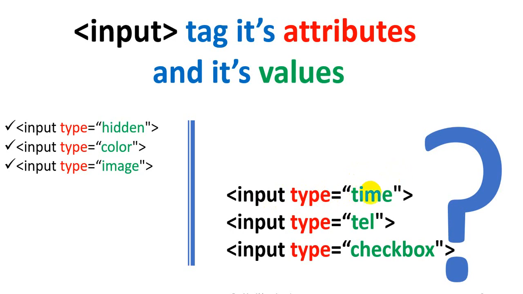If you write PM, it will take time from 1 to 24. If you take AM, it will display 1 to 12, and it will also show minutes from 1 to 59, and you can specify AM, that is ante meridiem, and post meridiem.